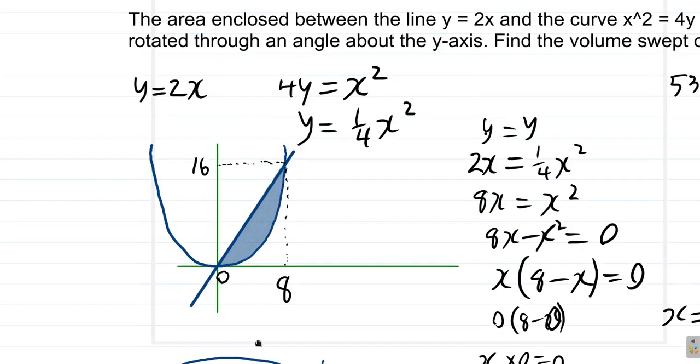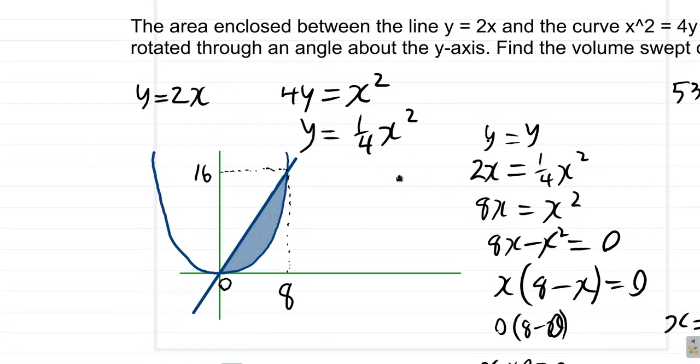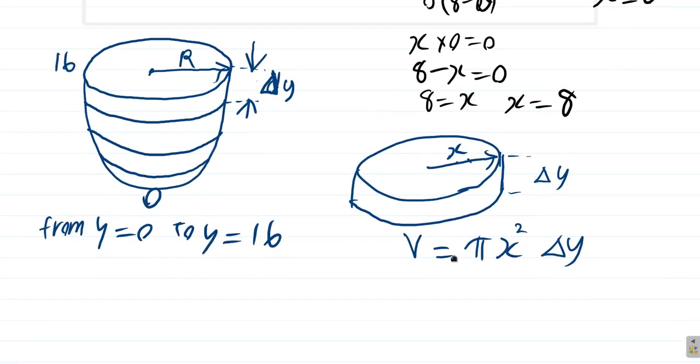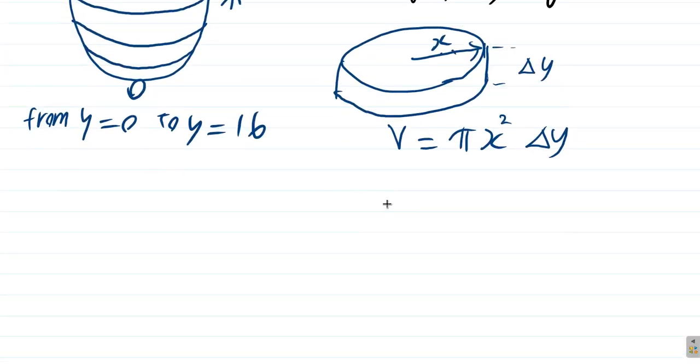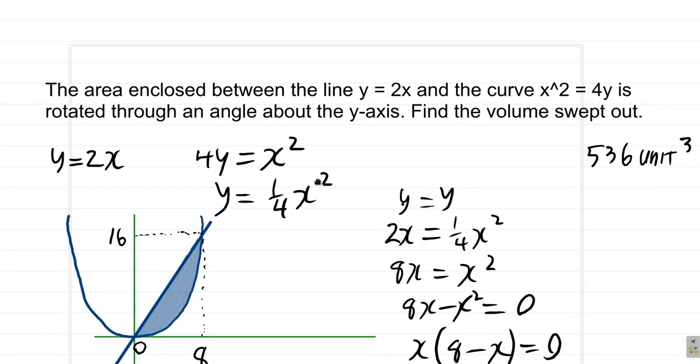If you transpose the y equals 2x, you're going to get x equals y over 2. But you also have another one here. You have x squared equal 4y.